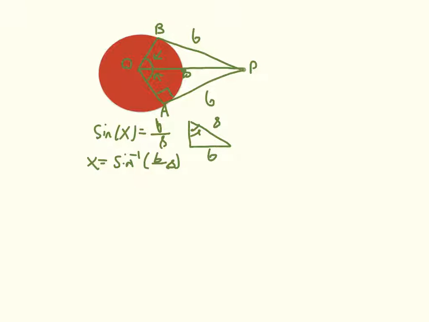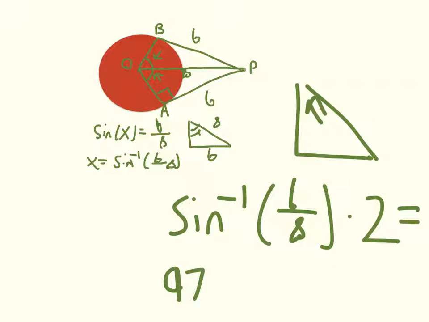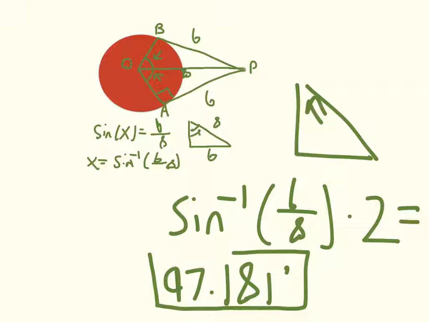So then from there, we know that one of the angles is inverse sine of 6 over 8, and since the other angle is also congruent, we can just do that times 2, and we'll get the origin angle, which is going to be 97.181 degrees.